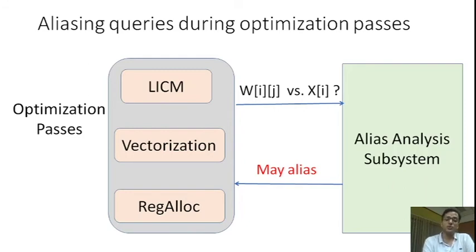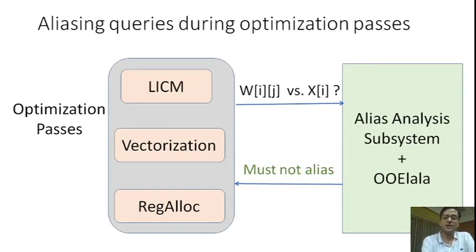Using OOElala support, we are able to identify some must-not-alias relationships, as I just discussed, and thus with OOElala support and appropriate plumbing, the alias analysis subsystem is able to return must-not-alias responses for some of the may alias responses that were appearing earlier. Thus, OOElala is able to convert some of the may alias responses to must-not-alias responses.